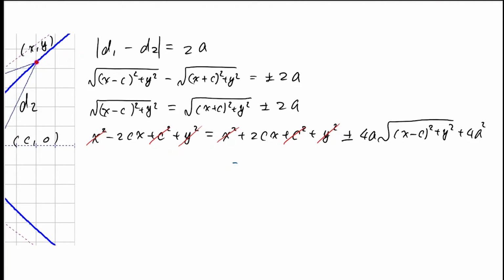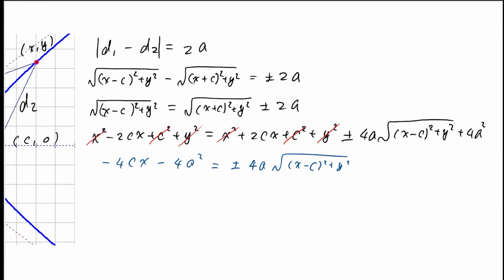The other way makes more sense. So negative 4cx minus 4a squared is equal to plus or minus 4a square root of x minus c squared plus y squared. So far with me? Say yes.